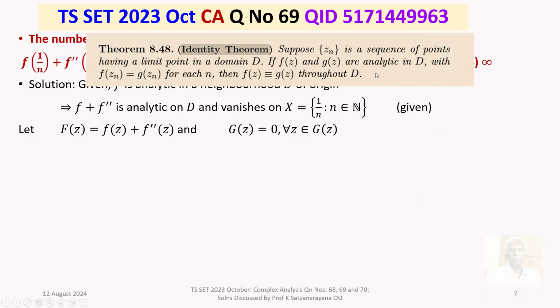So let us recall a theorem called the identity theorem. They are analytic in the domain D, and there is a sequence Zn. For us the sequence Zn is 1 by n.